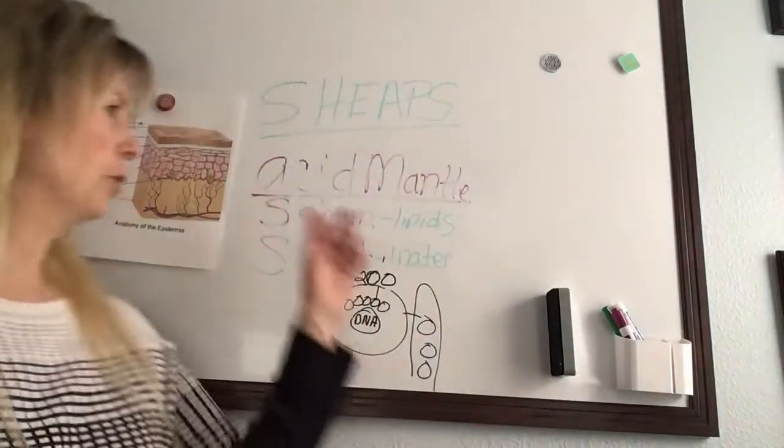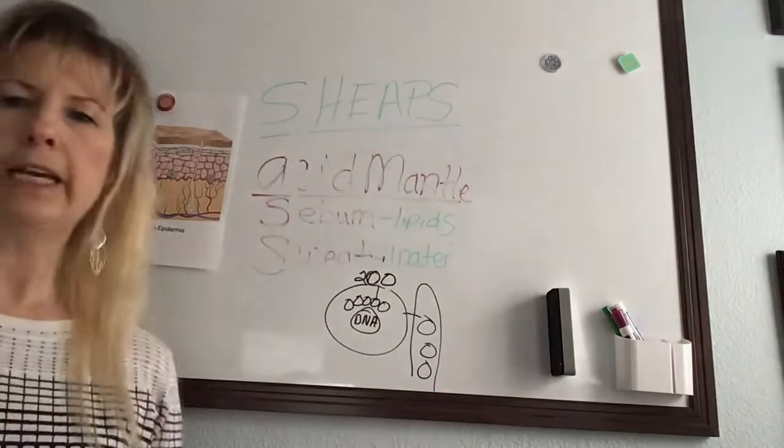But I do want you to answer the questions, and you'll see them at the end of this. One of them is, what are the 6 main functions of the skin? So I need you to know those. Remember the term SHEEPS, okay? You do need to know those again. Like I said, they have been on the Idaho State Board exam.